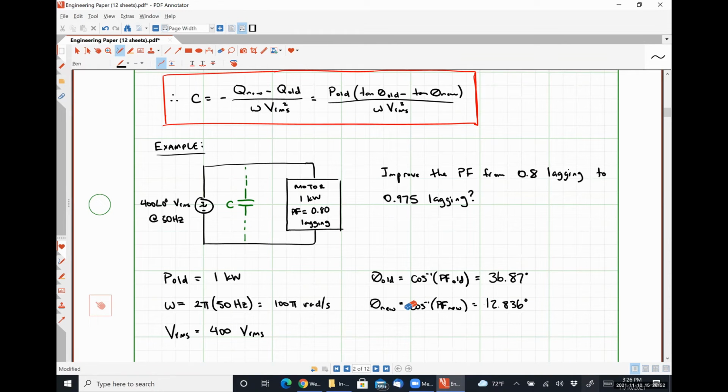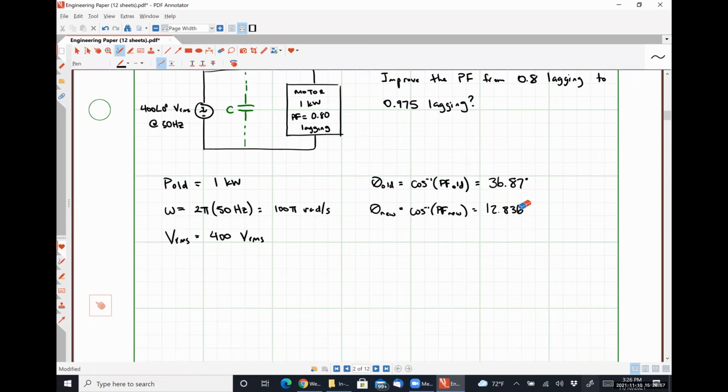So we literally have all of the information required to plug into our equation. So we would find that C is equal to 10.387 microfarads. That's all power factor correction is. Put a capacitor in parallel with your load to make it absorb less reactive power.